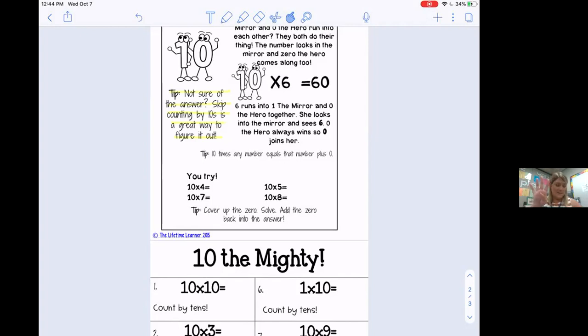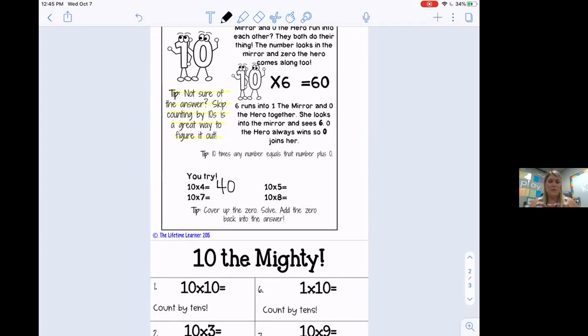Now, I can skip count by tens on each one of my fingers until I no longer have any fingers standing. That is my product. So let's skip count by tens until we have no fingers standing. 10, 20, 30, 40. I no longer have any fingers standing, so my product is 40.